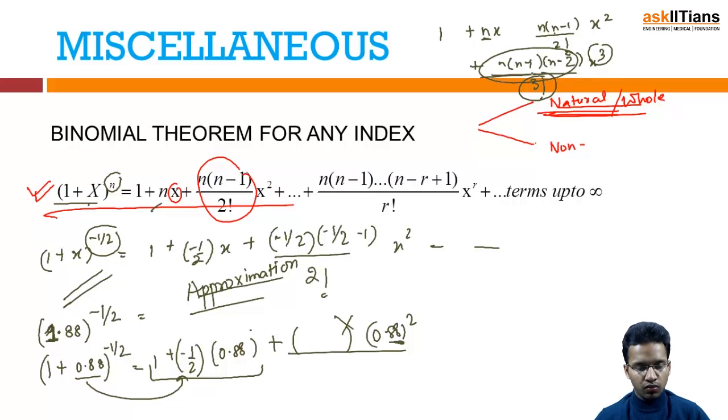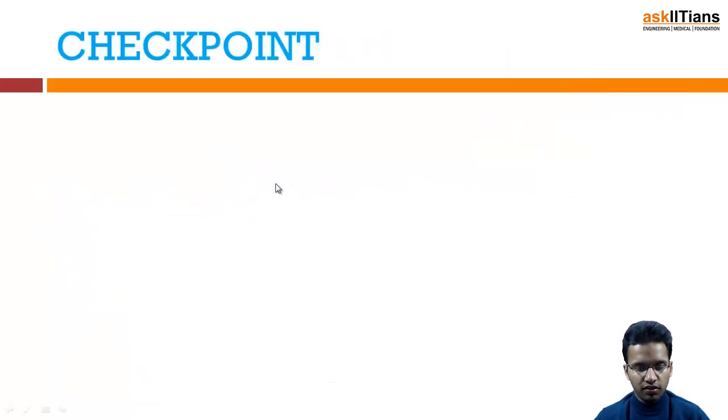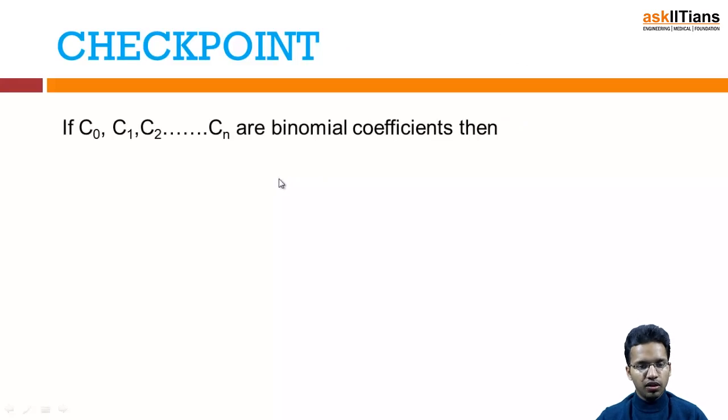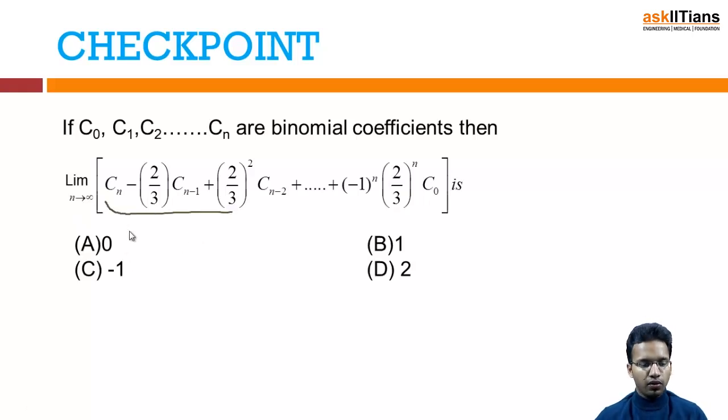And again, moving on to the question now, which we discussed about the properties. Okay, C0, these are the binomial coefficients, then limit x tends to this. Okay, so these are the options given. This is a multiple choice question picked from JEE Mains.